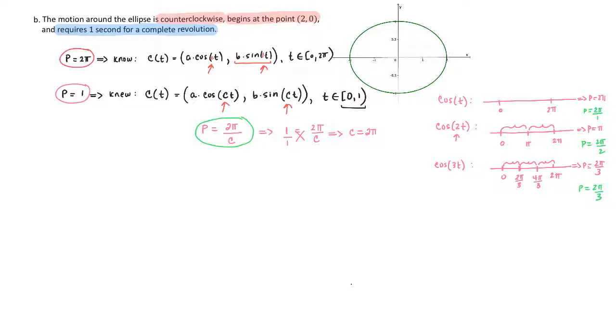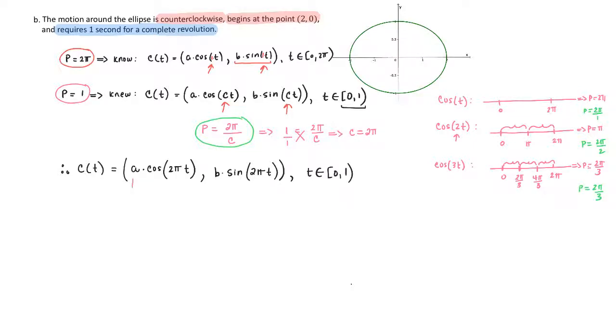So then this is our set of parametric equations. Our set of parametric equations will be a times the cosine of 2 pi t, comma, b times the sine of 2 pi t, where t is going to be between 0 and 1.